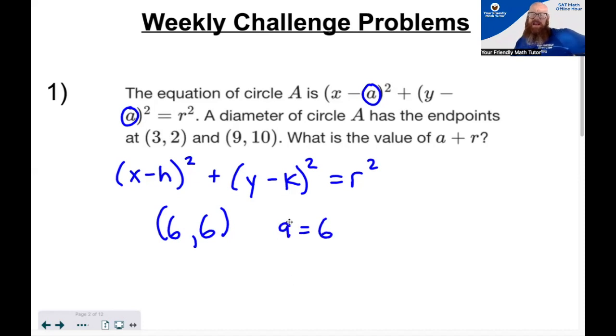All right. Now what we need is the radius. So we could use the equation, but really the radius is just the distance from the center to either endpoint. I'm going to choose this one.